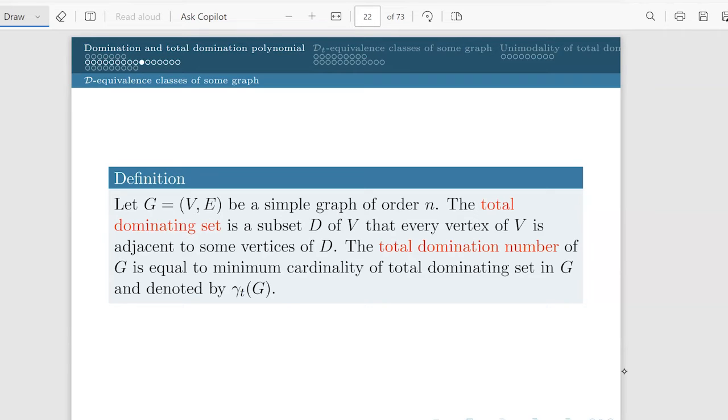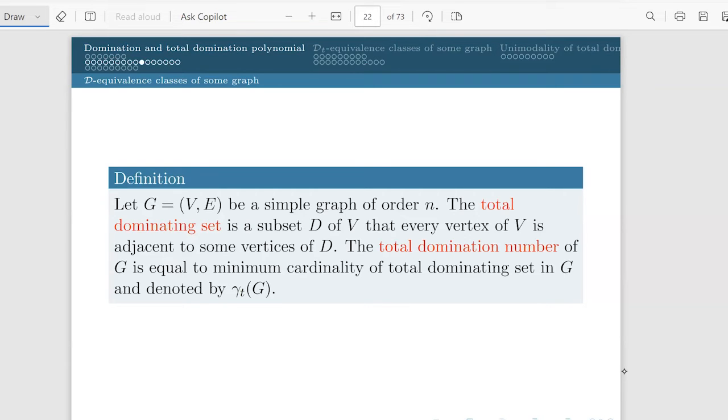As I think all of you know, a total dominating set is a subset D of vertices such that every vertex in V is adjacent to some vertex of D, and the total domination number, denoted by gamma sub T, is the minimum cardinality of a total dominating set in a graph.